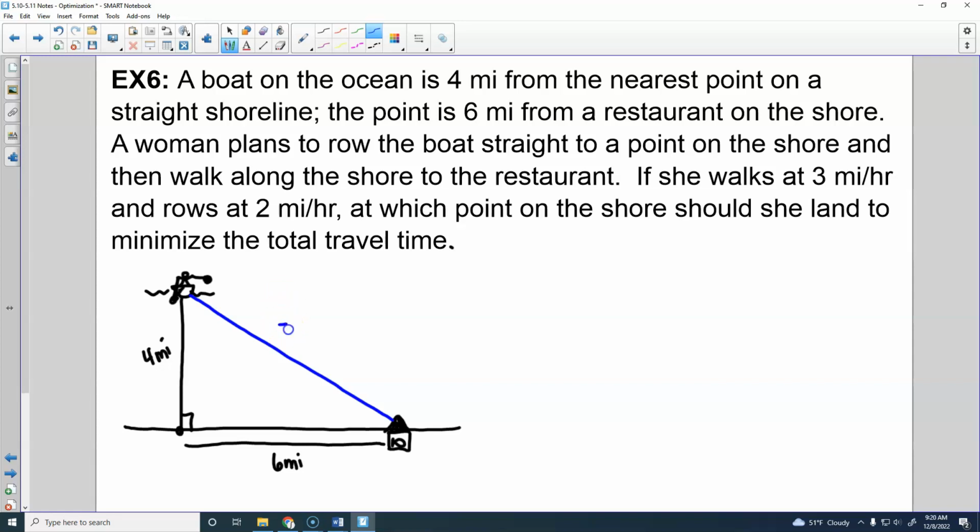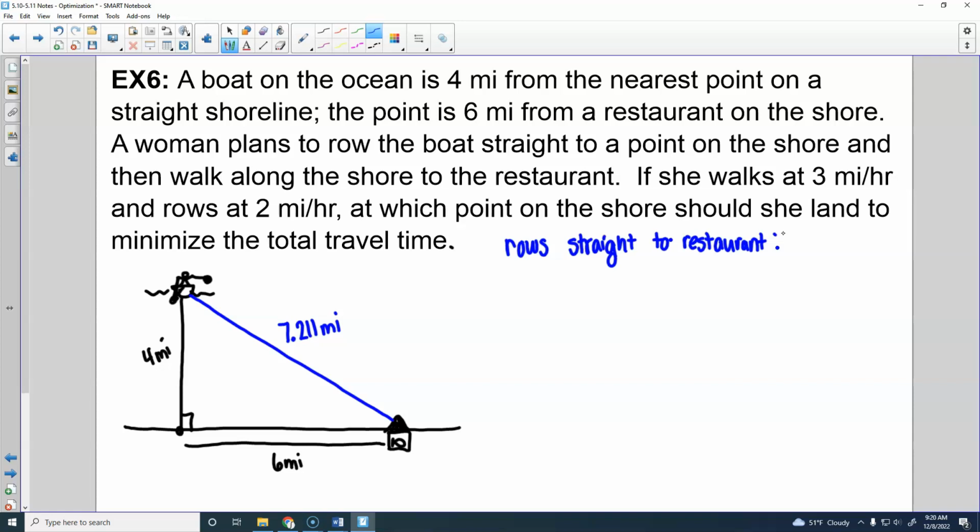So this is 7.211 miles. So if she rows straight to the restaurant, then if it's 7.211 miles and she's only rowing at 2 miles per hour, how are we going to figure out how long that's going to take?